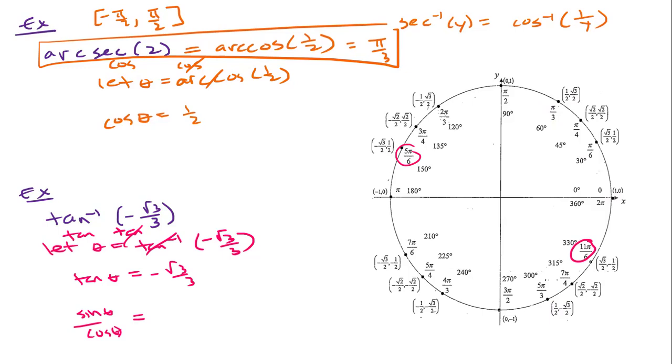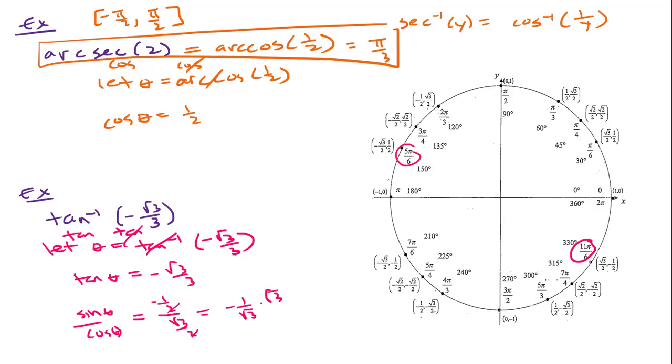All right, so how do we know that? Well, if we divide sine over cosine, so sine is negative 1/2 at 11 pi over 6, so negative 1/2, and cosine is radical 3 over 2. All right. So in this case, the twos are going to cancel, leaving us with negative 1 over radical 3. Well, in order to get rid of the radical in the denominator, we just rationalize the denominator.